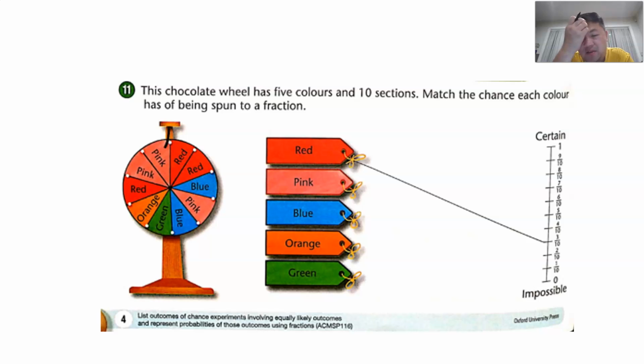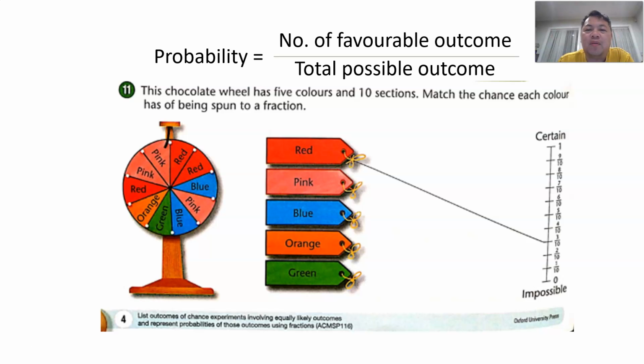Okay, the last part here you're talking about, again, the likelihood of getting each of the colors. So it's the same formula again, number of favorable outcomes out of the total possible outcomes. So total possible outcomes you have to count. Okay, that's 1, 2, 3, 4, 5, 6, 7, 8, 9, 10. So it must be out of 10. Okay, so that's good.